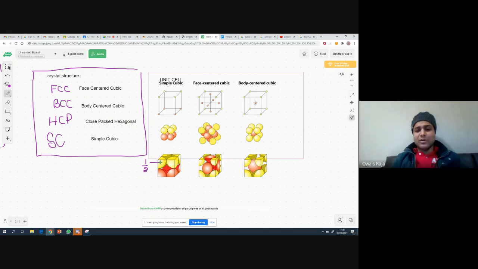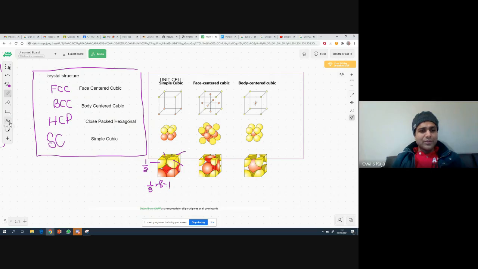How many corners are there? 1, 2, 3, 4, 5, 6, 7, 8. So how many atoms do we need to represent the unit cell of a simple cubic? This is 1/8, this is 1/8, this is 1/8. So 1/8 times 8 is actually 1.